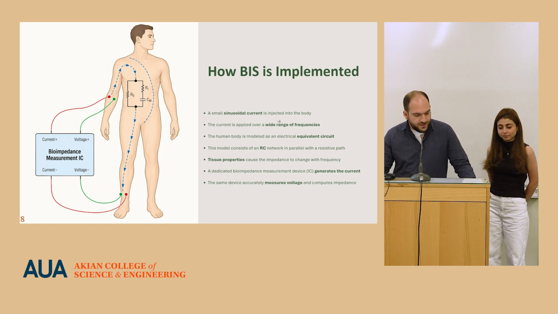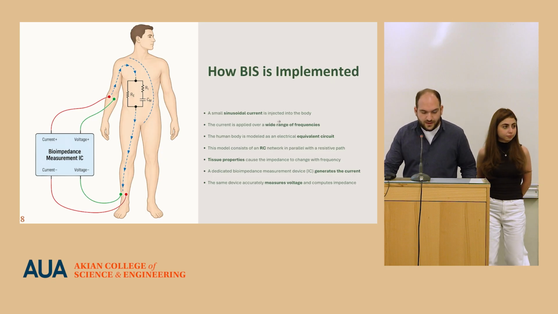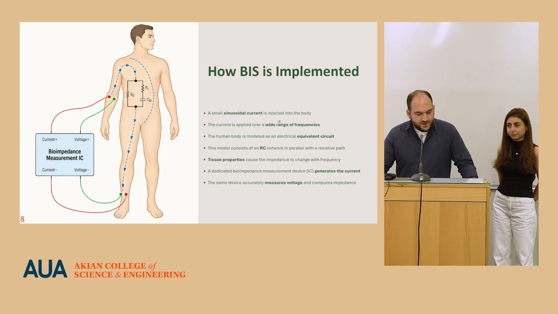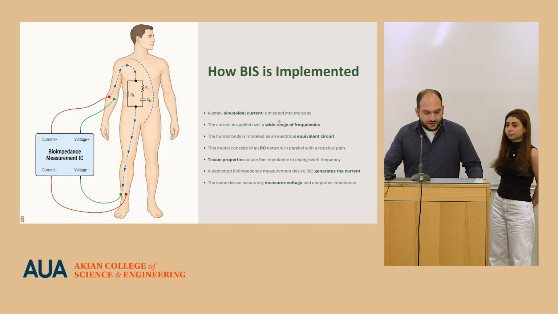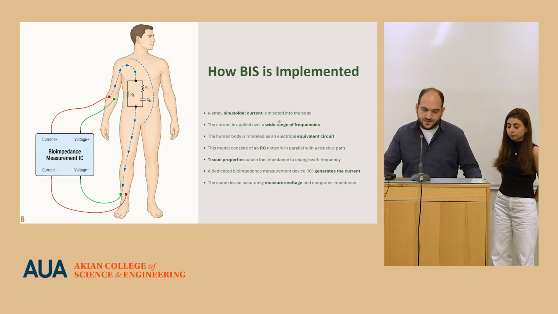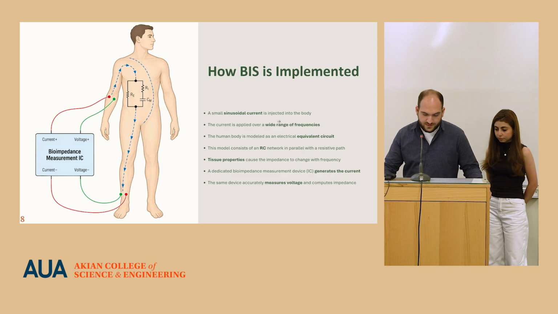As already mentioned, we use the tetrapolar electrode configuration, and we can depict the human body as an RC circuit with a parallel R. When we inject current through this circuit, the voltage and current phases shift, and as the frequency increases, this delay becomes larger. At every point we can calculate the reactance and the resistance of this equivalent circuit at different frequencies, getting the extracellular result from low frequencies and both extracellular and intracellular from higher frequencies.